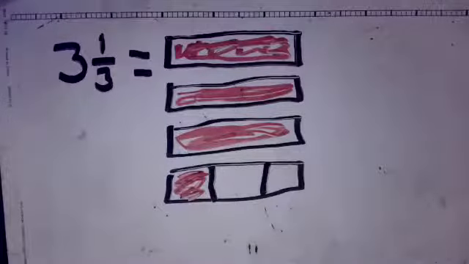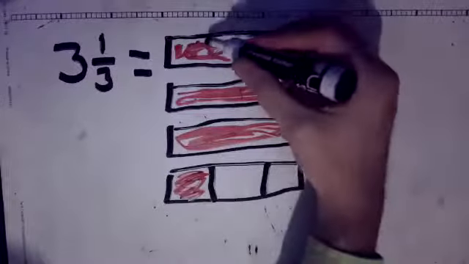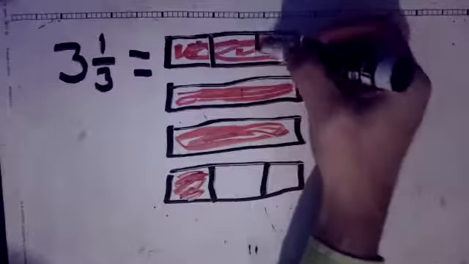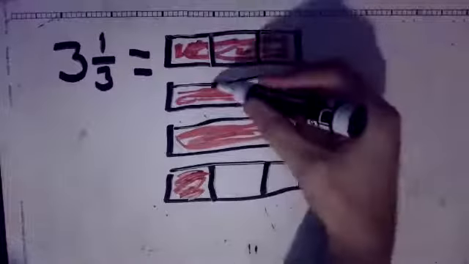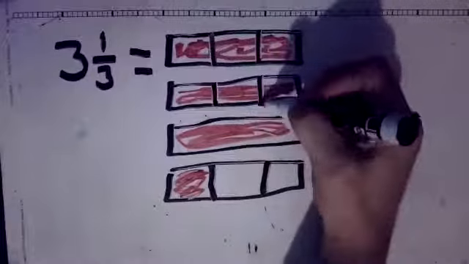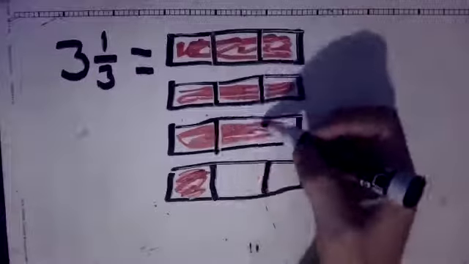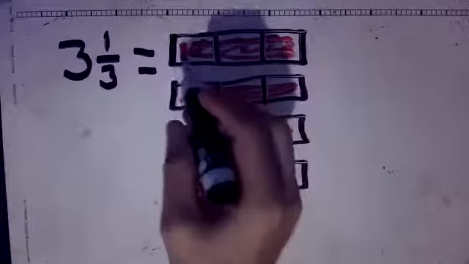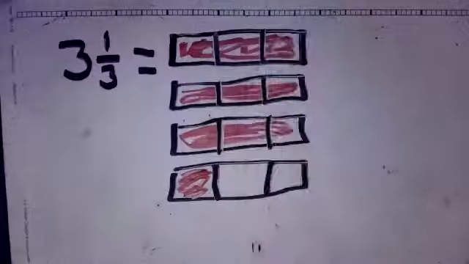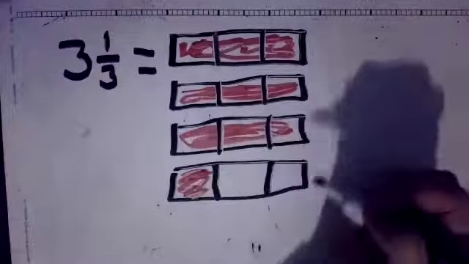Now, I don't want 3 and 1/3. I want to know how many thirds there are overall. And so the easiest way to do that is split all of my wholes into thirds. So I'm going to split this into thirds. I'm going to split this into thirds. I'm going to split this into thirds. And so I've now taken each of my wholes and broken it into 3 thirds, because 3 thirds is the same as 1 whole. And I can now count it up.